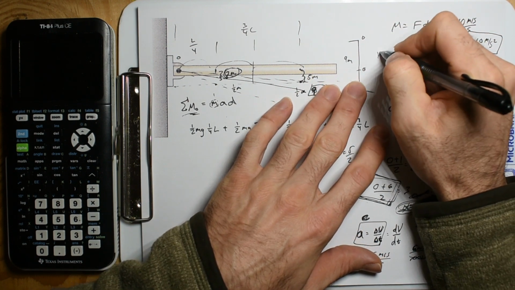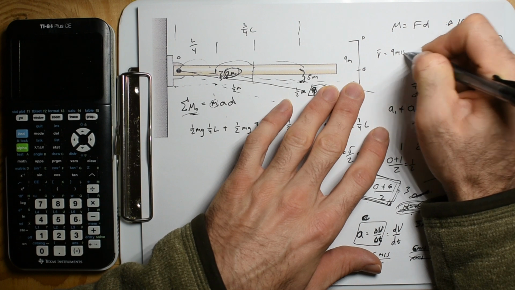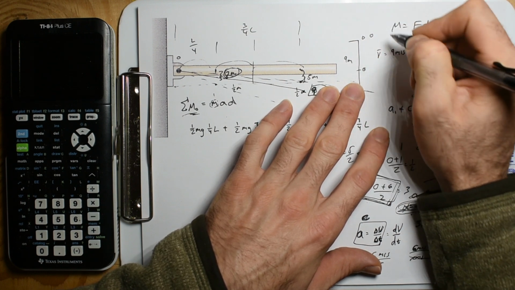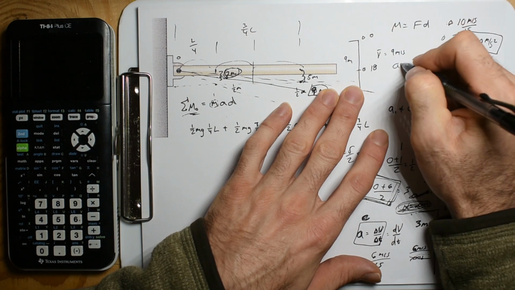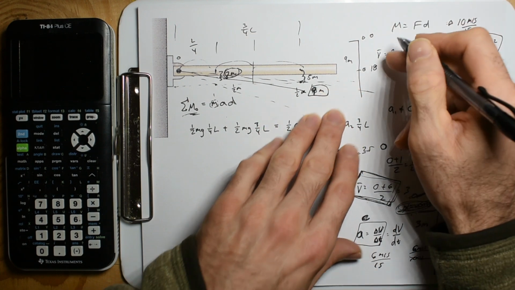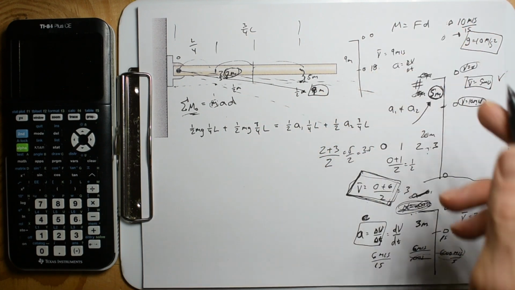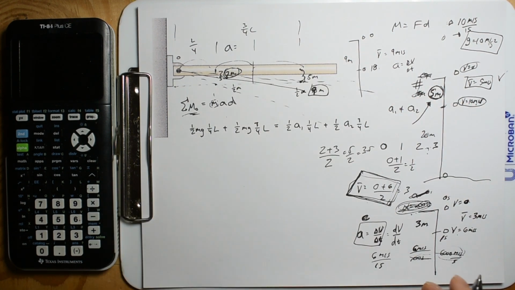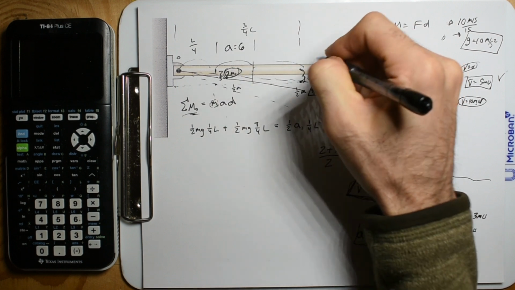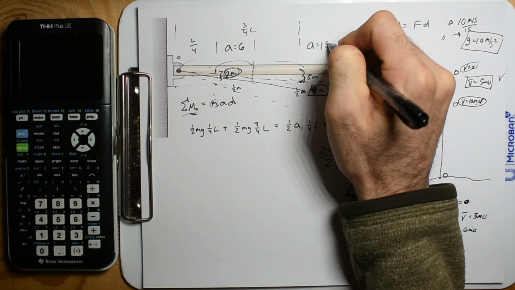We know that our average velocity has to be 9 meters per second. We went from a velocity of 0, so we must have gone to a velocity of 18. Our acceleration must be change in velocity over change in time, so our acceleration here would be 18. Cool. So our acceleration right here is going to be 6, and our acceleration right here is going to be 18.